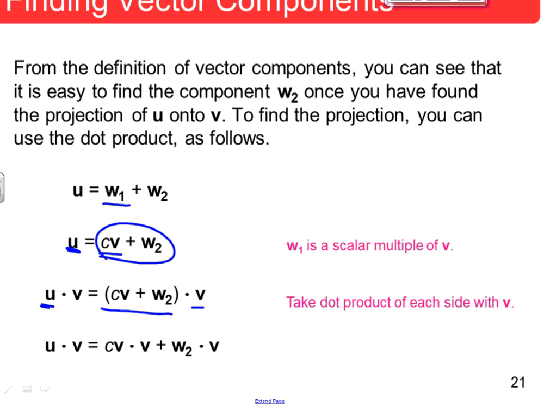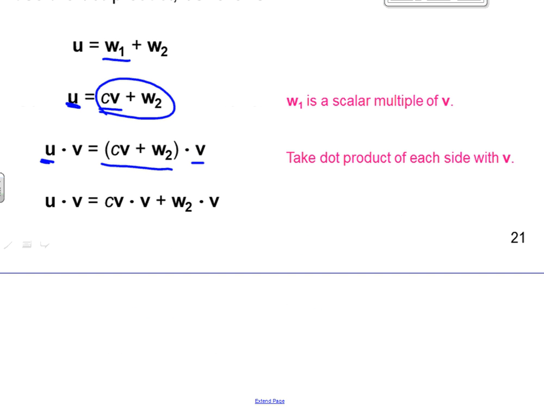And when we do that, we know that U dot V can be the scalar C times V dotted with V plus W2 dotted with V, because we can use that distributive property.